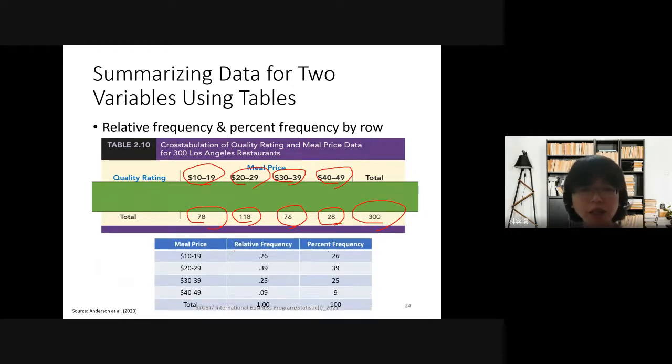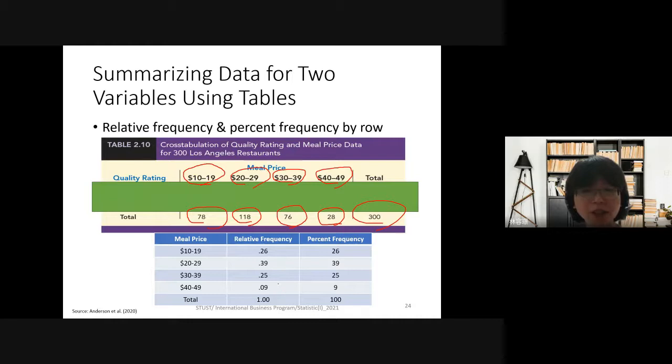You can express them as relative frequency: 78 divided by 300 gives 0.26, 118 divided by 300 gives 0.39, 76 divided by 300 gives 0.25, and 28 divided by 300 gives 0.09.